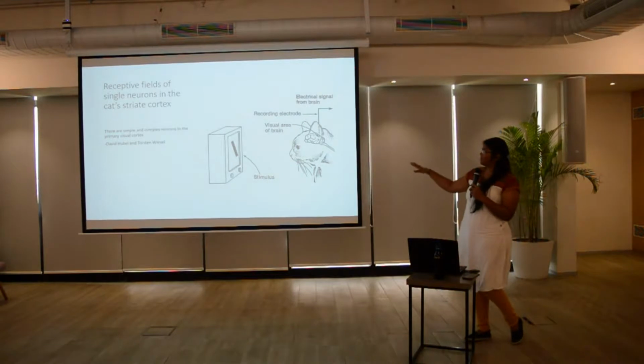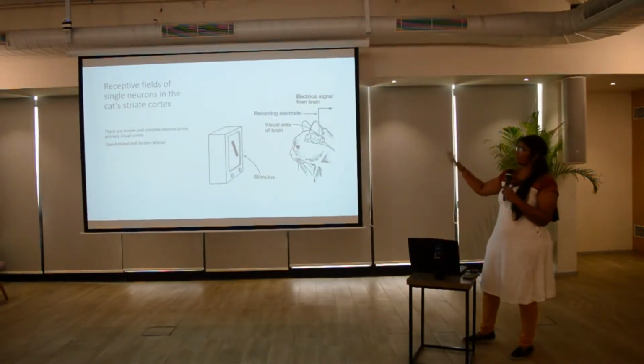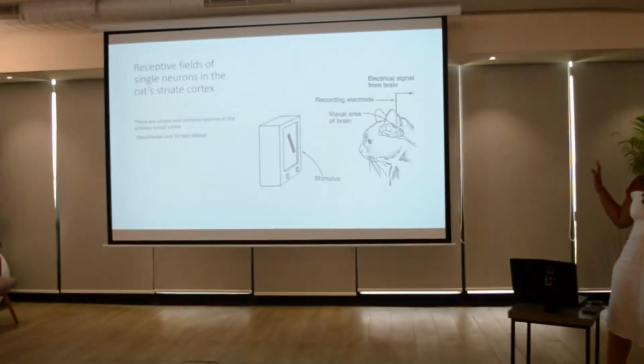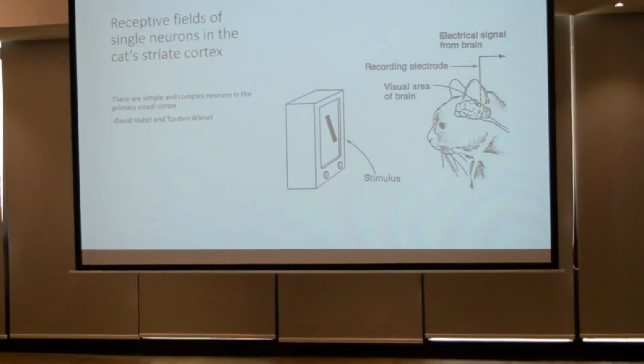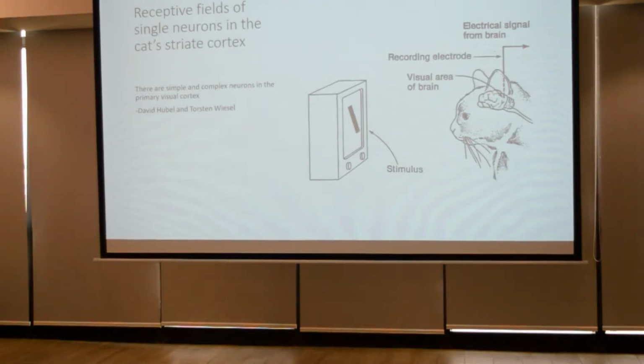this is an image which is fairly 50 years old, but this is the starting point for all the computer vision that happened. There were these two scientists, David Hubel and Torsten Wiesel. I don't know if the pronunciation is correct. They wrote a paper called Receptive Fields of Single Neurons in the Cat's Striate Cortex. I do not have any idea what that means, but that's the name of the paper.